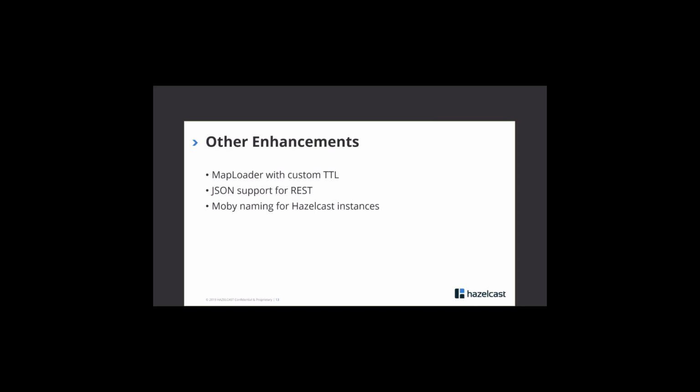And so if you're familiar with the Moby project, which is an open framework built by Docker for being able to create specialized container environments, they have a name generator that we've leveraged. And so you can now have Hazelcast instances with names like Hopeful Turing and Brave Driscoll. So very creative, very unique names that help simplify the process in troubleshooting and identifying the different instances.